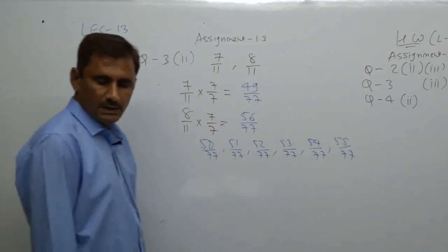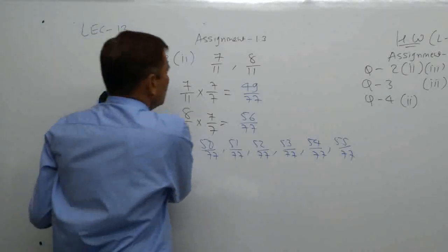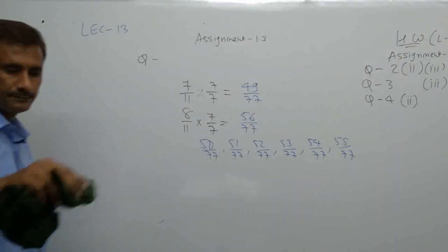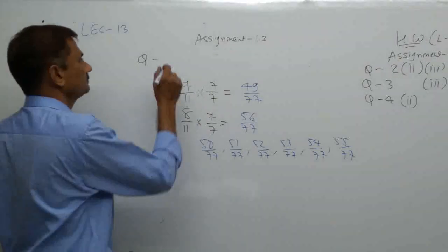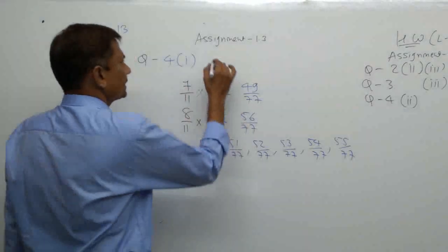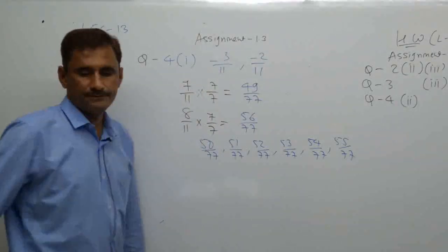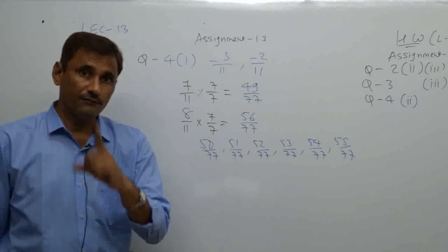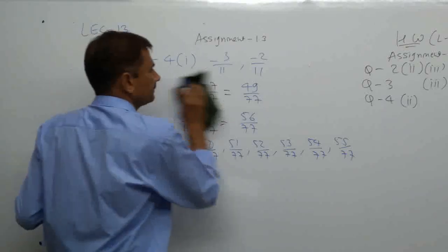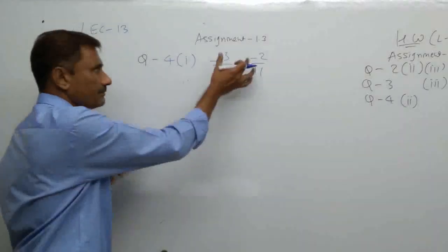Same way, look at number 4, first. They are minus 3 by 11 and minus 2 by 11. Again, they are consecutive numbers only, and we want 10. So multiply by 11. Consecutive numbers are there, denominators are already equal, no gap between them.